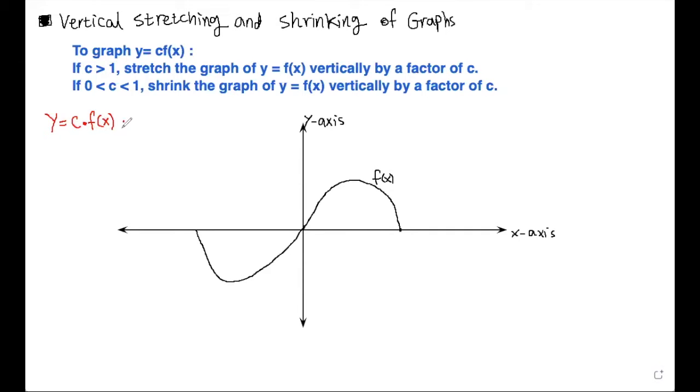Here I put the condition c is greater than 1. So the graph for this function is a stretching of the original function, the black one, vertically. This point will stay on the x-axis, and we stretch this function upward like this.